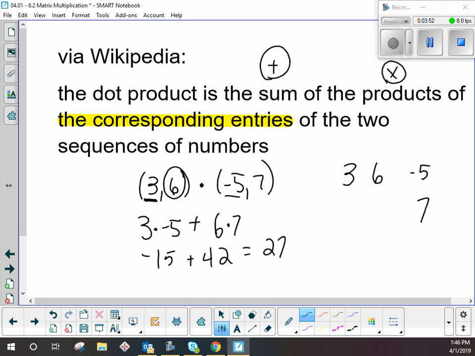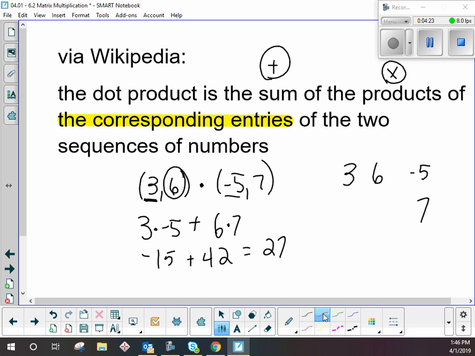So what we're going to be doing today for matrix multiplication is we'll have a matrix times a matrix. We will be finding the dot product of the rows of the first matrix and the columns of the second matrix. And so if I were finding this dot product here, all I've changed is I've made the second thing a column. It would look like this.